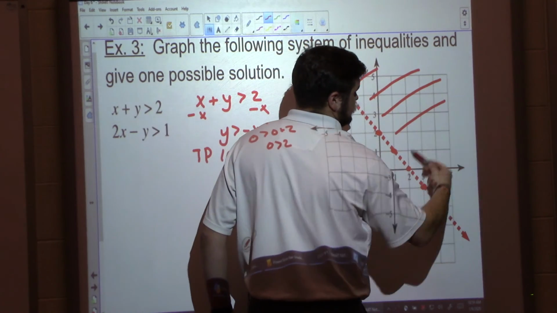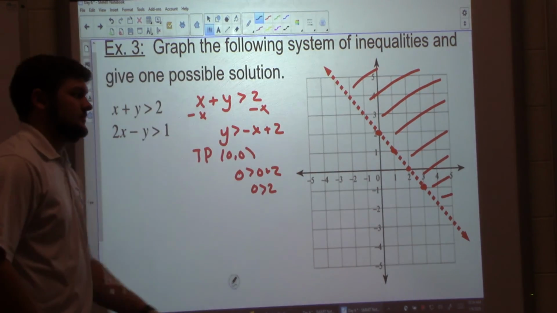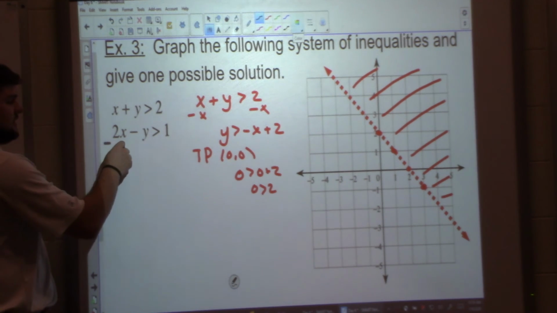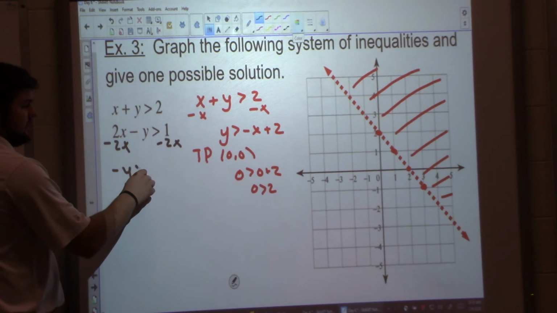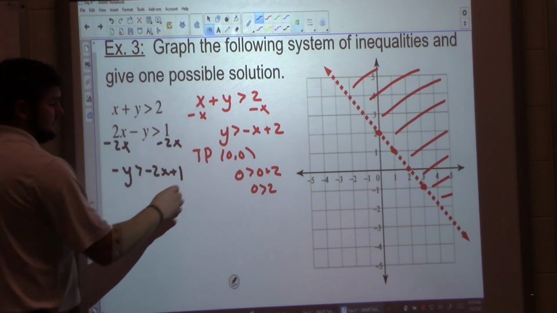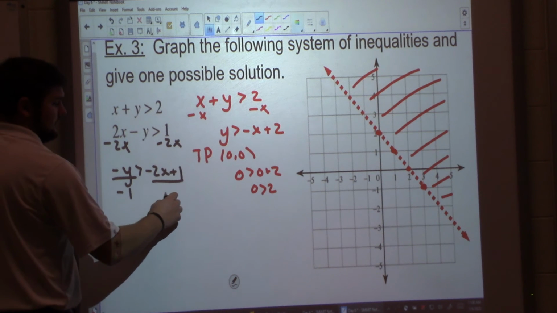Our second equation, same thing, solve for y. Negative y greater than negative 2x plus 1. Do I want negative y or positive y? Positive y. So how do I make that positive y? Divide by a negative 1.